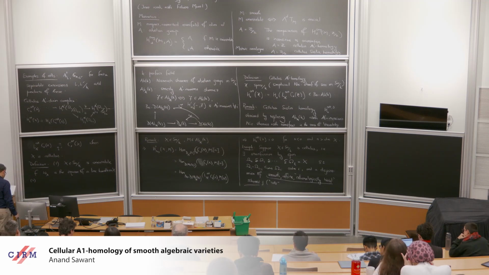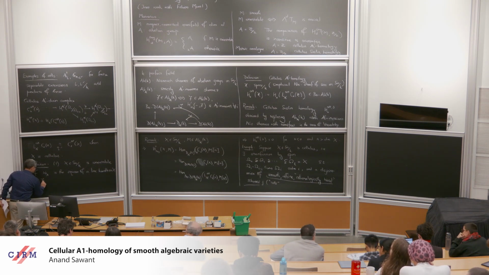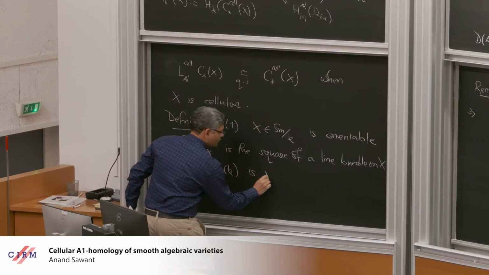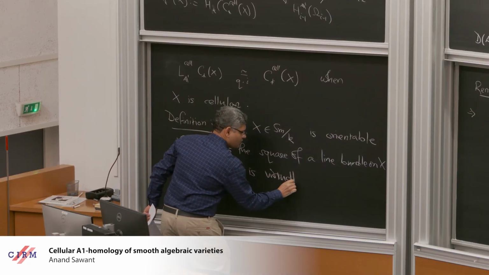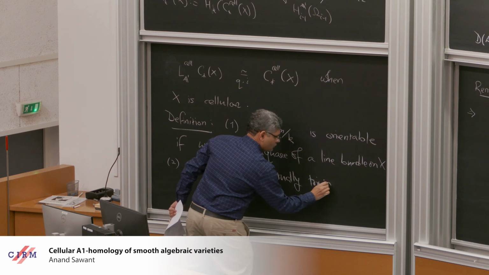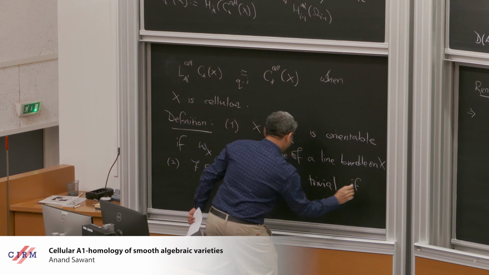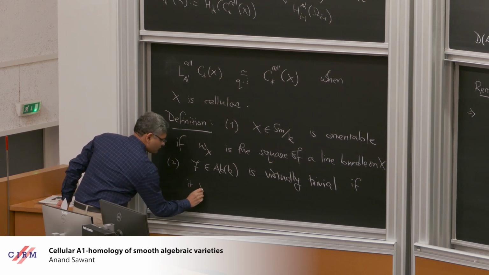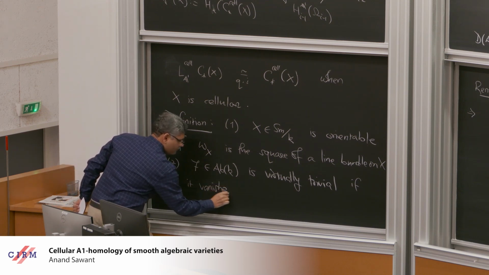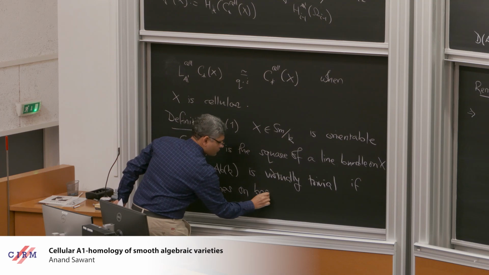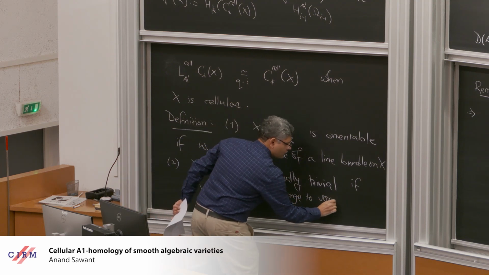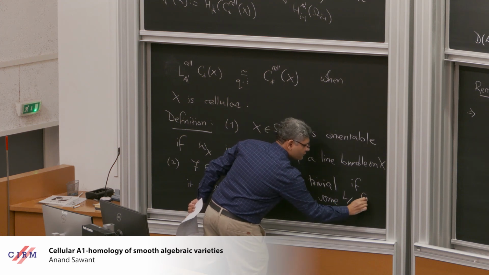and you will see why I am making it after I state the precise conjecture. So I will say that a Nisnevich sheaf of abelian groups is virtually trivial if it vanishes on base change to a finite separable extension, to some L over K finite separable.